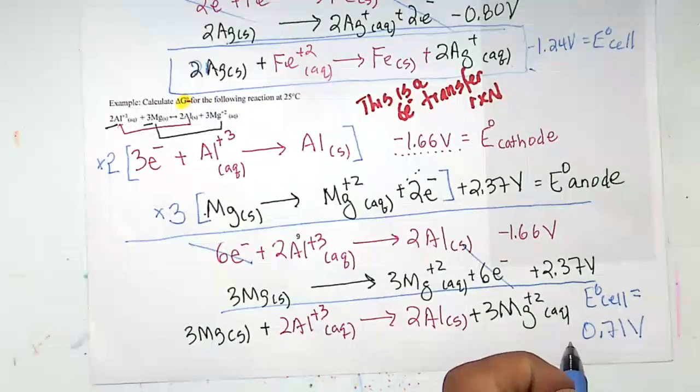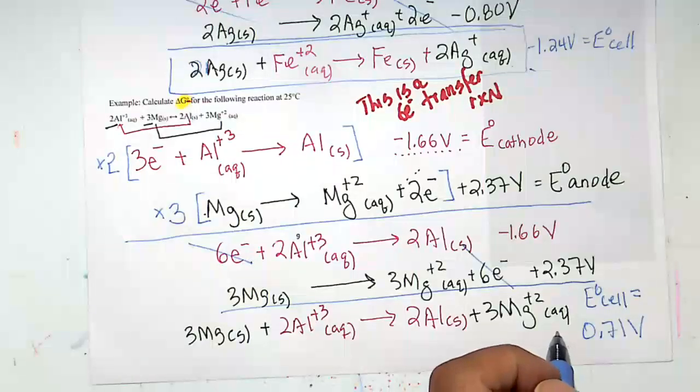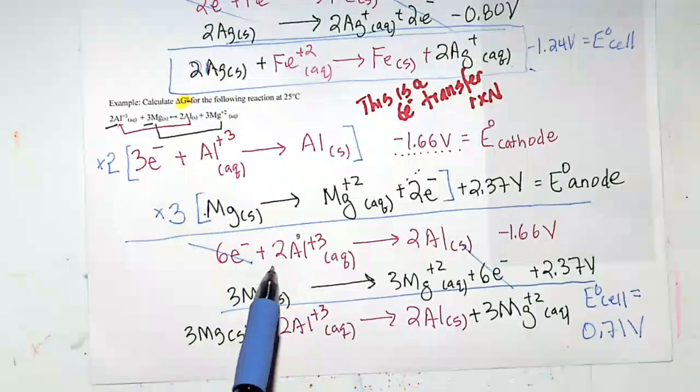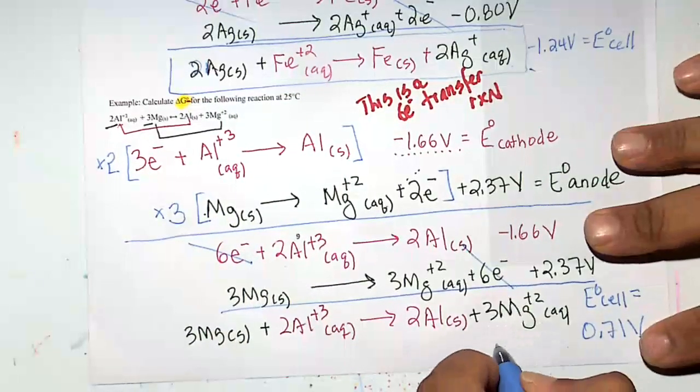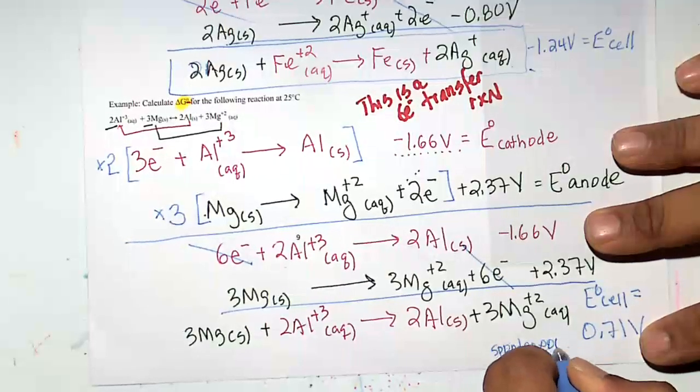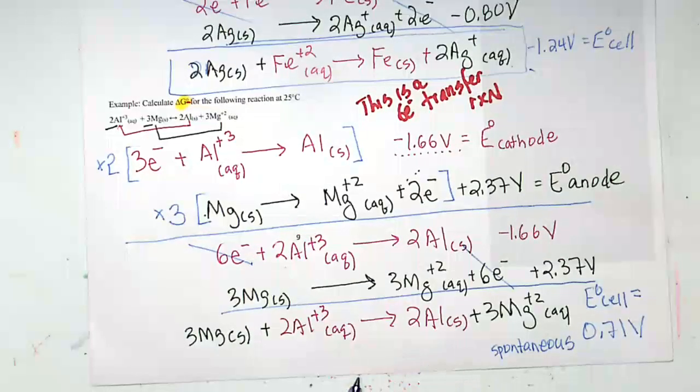Positive, right? So is this spontaneous? Positive voltage. So this is a battery that you can make using magnesium and aluminum. I'm just going to write here it's spontaneous. It favors the product side.